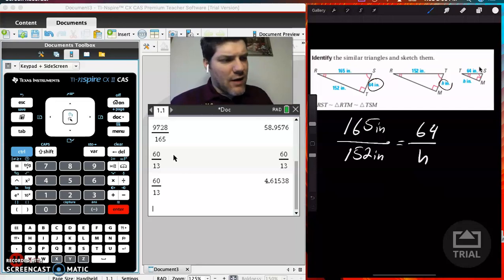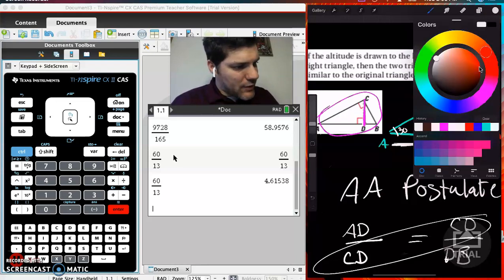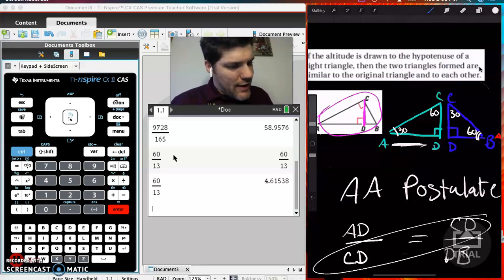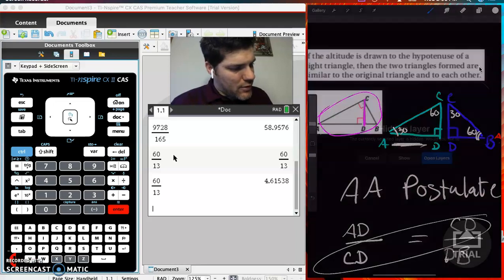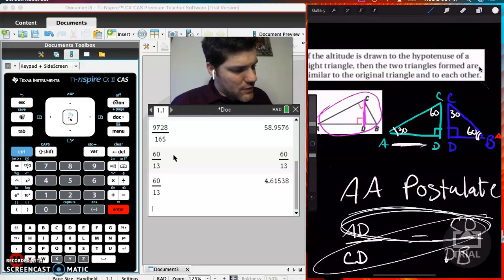Again, with this, something that I want to focus on real quick is when we do ratios, we want to make sure that we are setting it up correctly. This right here is one triangle.